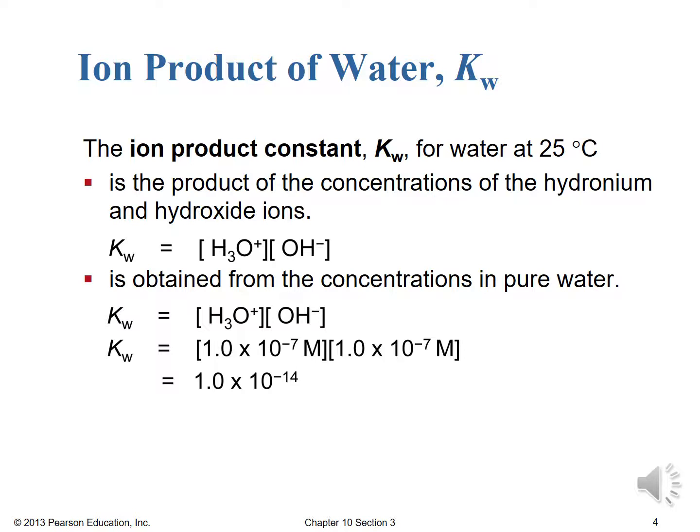So that's our Kw. It's a very, very small value because only a teeny, tiny fraction of a percentage, I should say, of those water molecules actually go on to ionize. Most of the water stays as neutral water molecules.